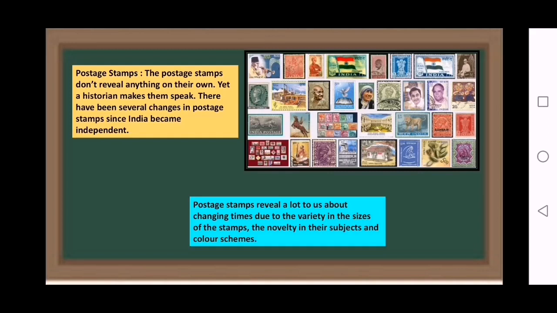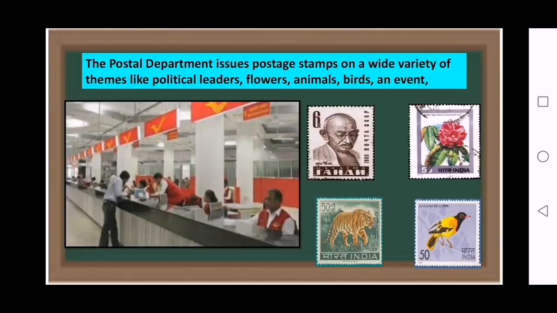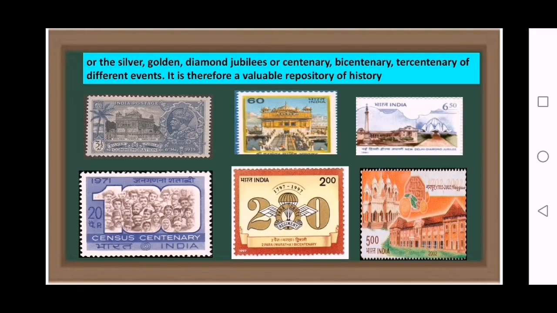These reveal to us that stamps are also a great source of history, which reflects light on the history of the past, present and coming future. Time to time the postal department issues postage stamps on a wide variety of themes, like, see in the picture, political leaders, flowers, animals, birds and events, or the silver, golden, diamond jubilee, or centenary 100 years, bicentenary 200 years, tercentenary 300 years of different events.